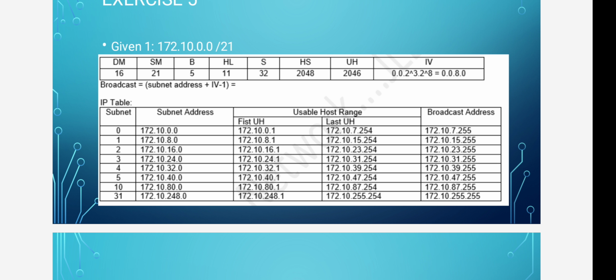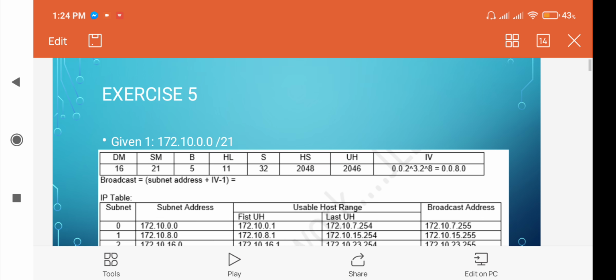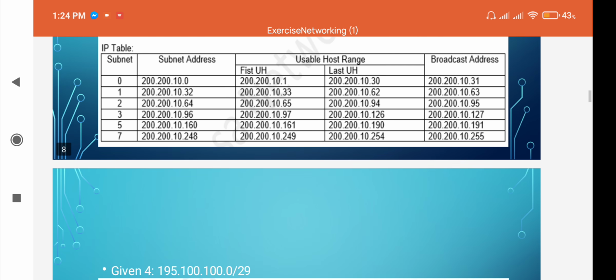So, 172.10.8.0, susunod 172.10.16.0, susunod 172.10.24.0, and so on and so forth. Hanggang makuha yung last na value bago ang 256. Okay, next. Ganun din dito sa B, sa iba, 5.